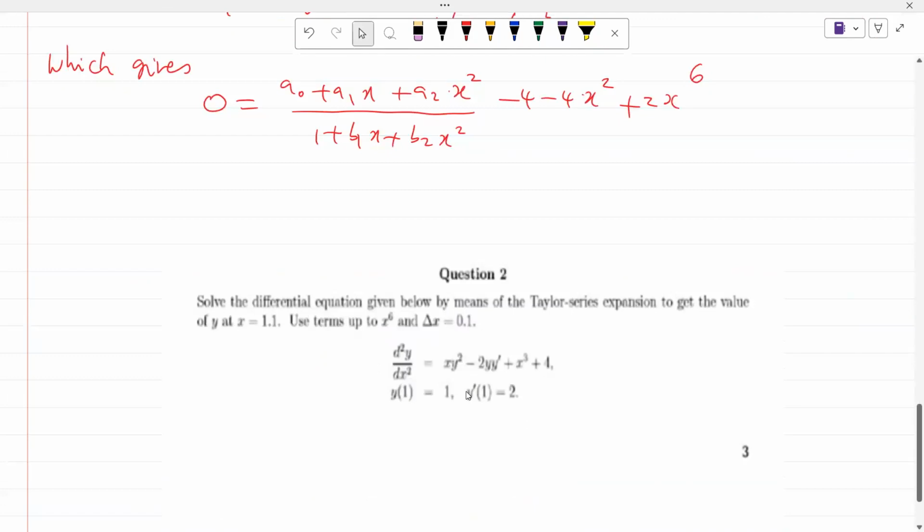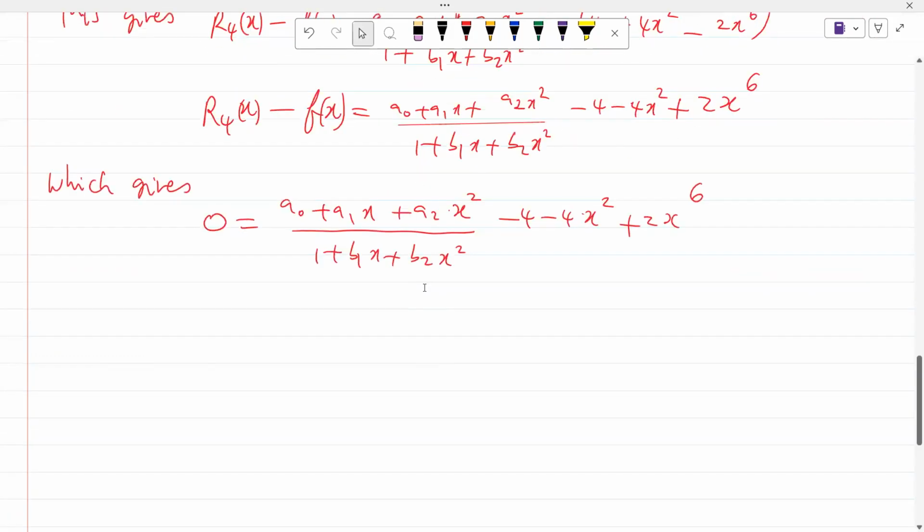Okay, right. So I want to mention, we perform the algebraic manipulations here because we want to estimate exactly R4 and get the explicit formula for R4.